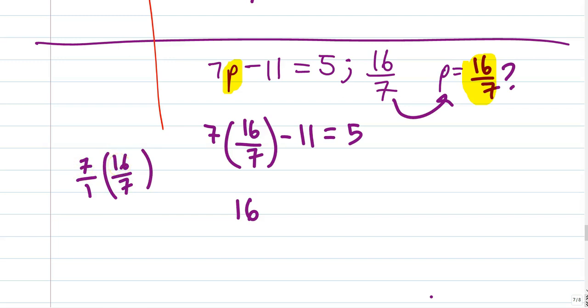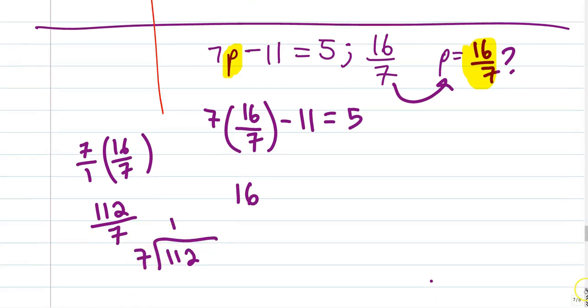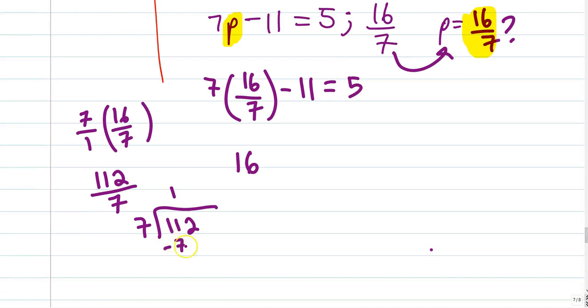What would that be? 70 plus 42, which is 112. And then you'd have to divide 112 by 7, and you would get 16.